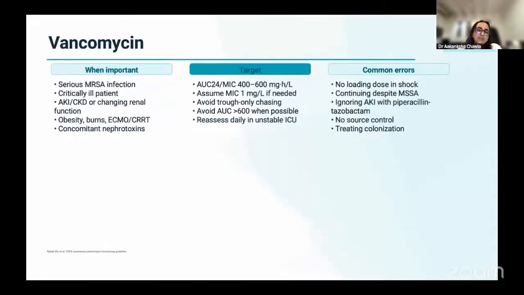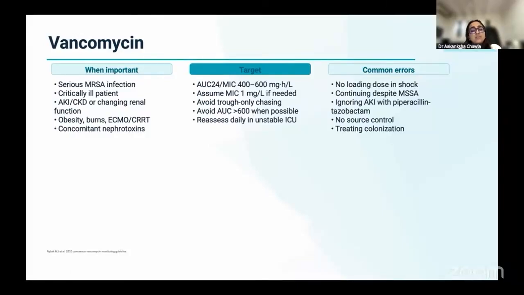So, vancomycin. A few aspects of vancomycin that I would like to tell. It is a drug of choice for serious MRSA infection. Given in critically ill patients, you have to reassess the doses and monitor the patient's changing renal function, and take a lot of precautions in patients with AKI and CKD if you really have to.